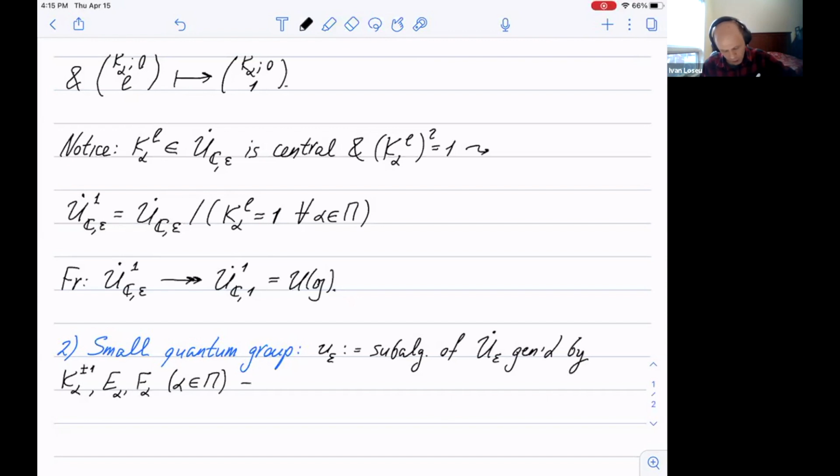And it's a Hopf subalgebra, which you can clearly see if you look at the formulas for coproducts.